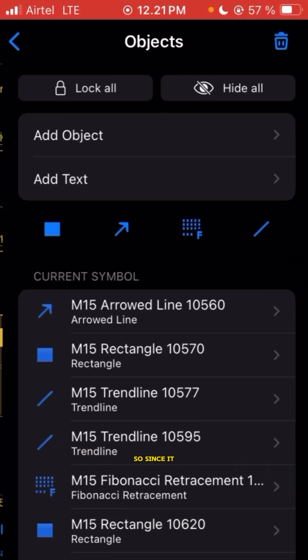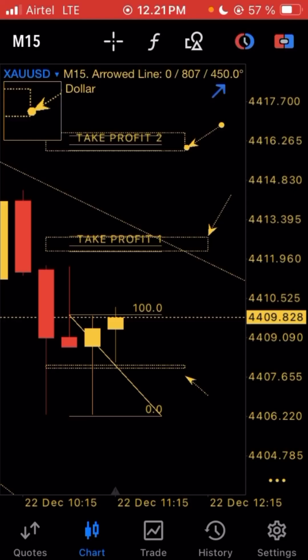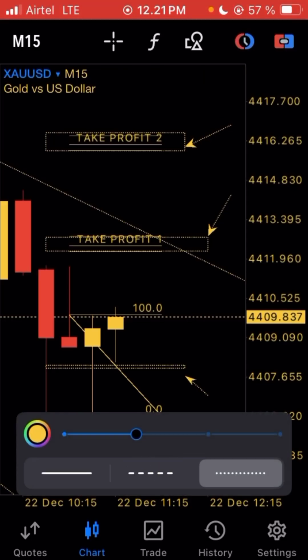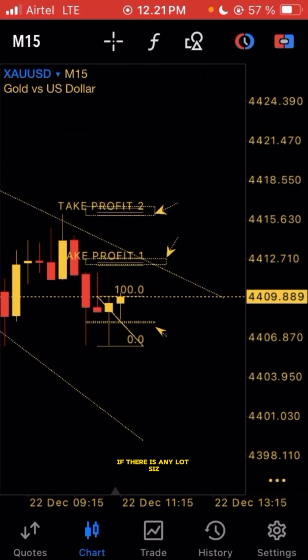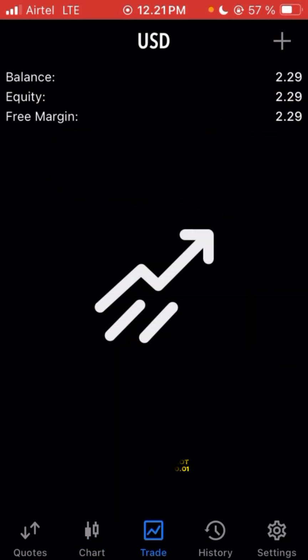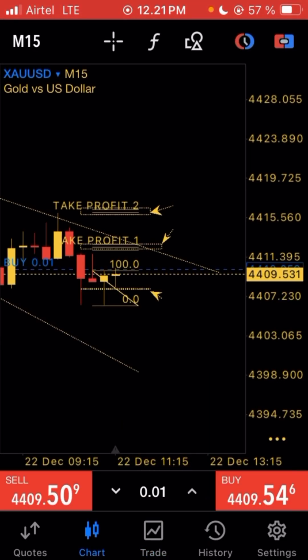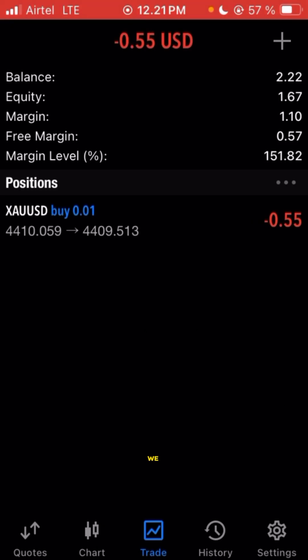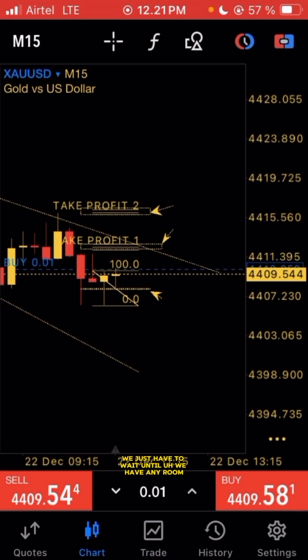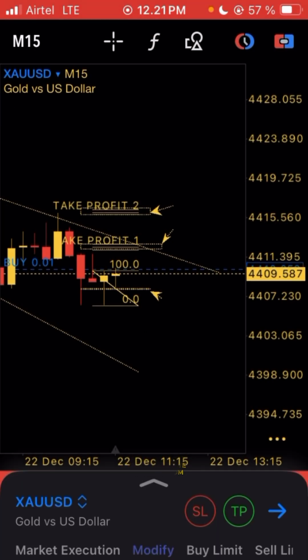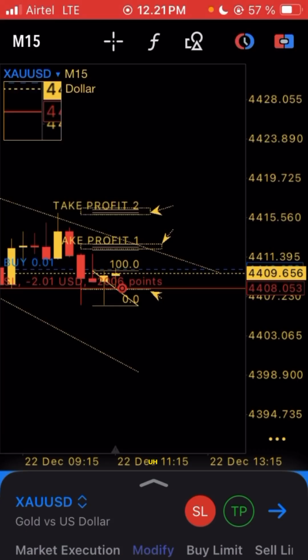Since it's $2, I will need to go with, of course, the lowest lot size possible. If there is any lot size less than 0.01, I would be so happy to take it because this is gold. All right, so we just have to wait until we have any room. So this is my stop loss. You see, that's where my stop loss is.